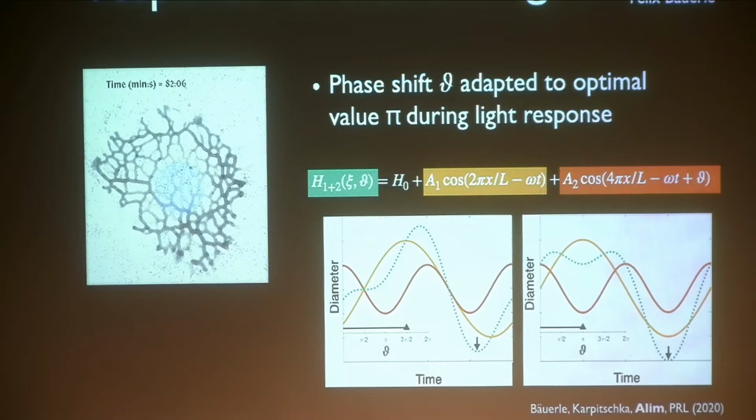If I contract tighter, I generate higher flow. The reason why I'm showing this is, A, to emphasize the system is organizing its response by modulating flows, and it does so with an active mechanics approach of changing dynamics in the active cytoskeleton that's driving these contractions.